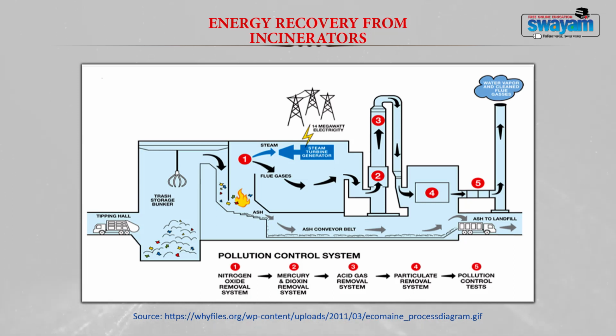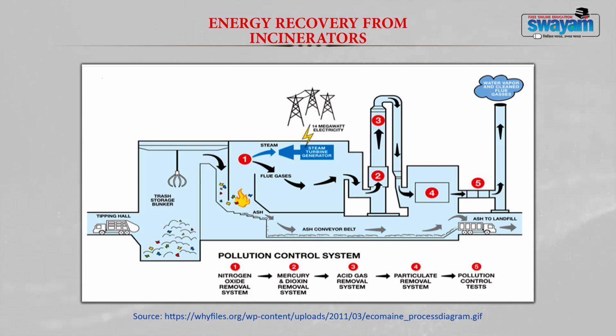Now, through the chute and grate system, it slides down and enters the incinerator where it is burnt. Once it is burnt, the flue gas is released and controlled after subjecting it to the air pollution control devices. Finally, it is discharged into the atmosphere.